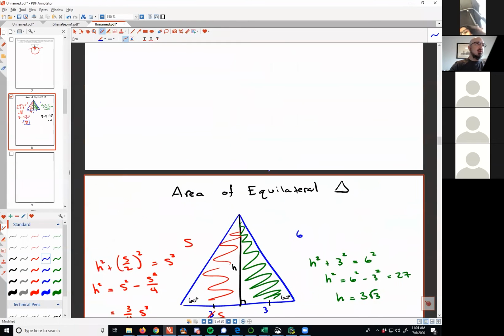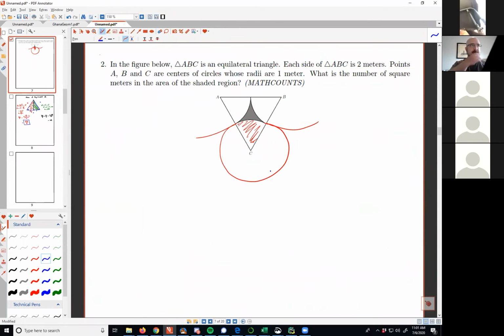So let's go back up. Now we want to know the number of square meters in the area of the region. Somebody tell me, what are the computations we're going to apply to this now?